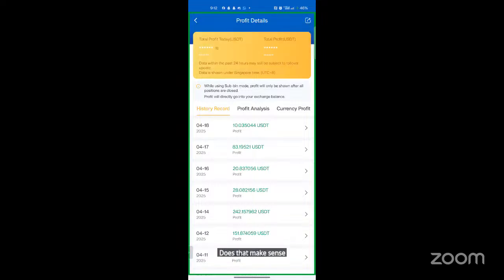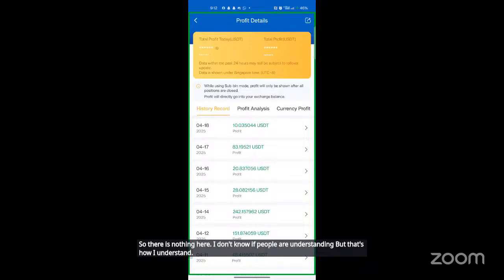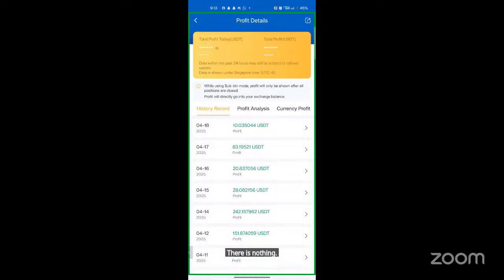What you see here is not money. It is what is happening in your account. So there is nothing here. I don't know if people are understanding me, but that's how I understand. This money is in my account. It is not here. So even if they display it some anyhow, I don't care because the money is in my account.